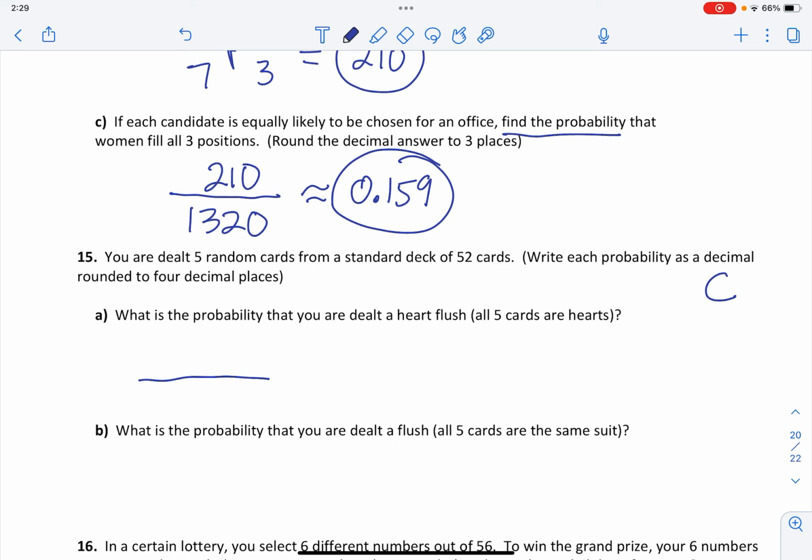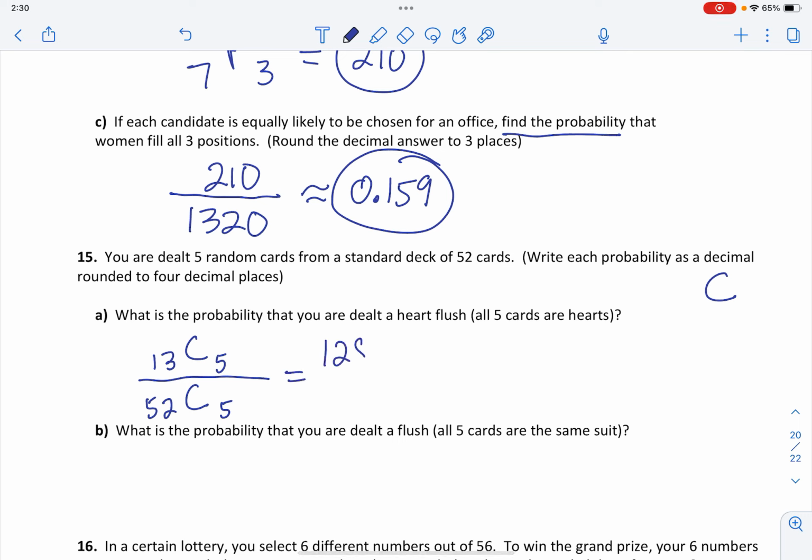I always like to do the bottom number first because that's just the total number of ways to be dealt 5 cards. We have 52 cards. Order does not matter, and we're choosing 5. So that's the total number of ways to get 5 cards dealt to you. Now, of all those combinations, how many are all hearts? We can count that too, because there are 13 hearts to choose from, and we're choosing 5. So 13 choose 5 is the top number.